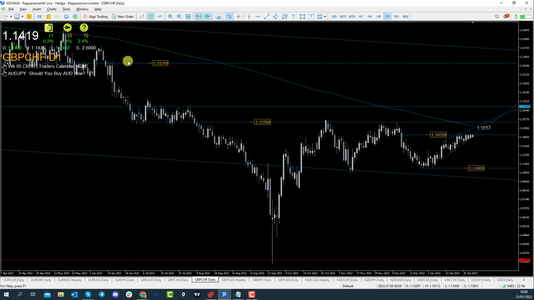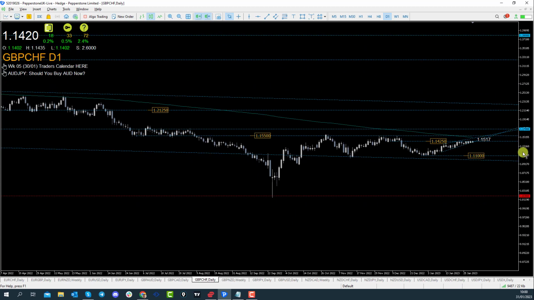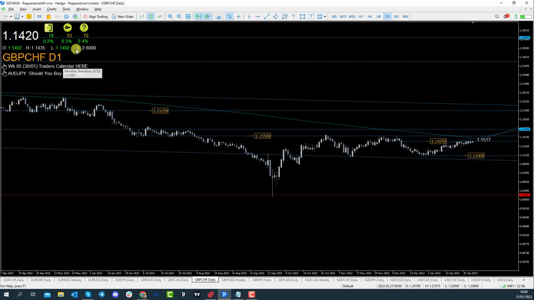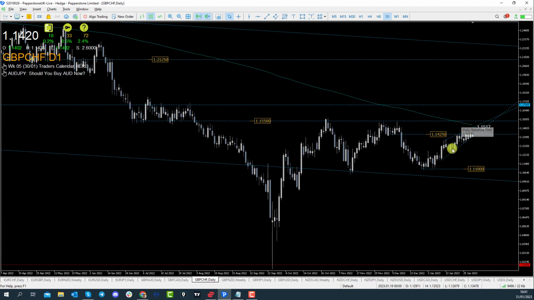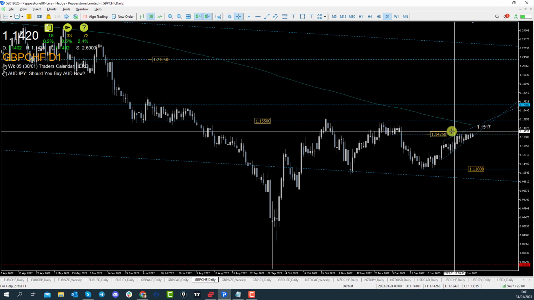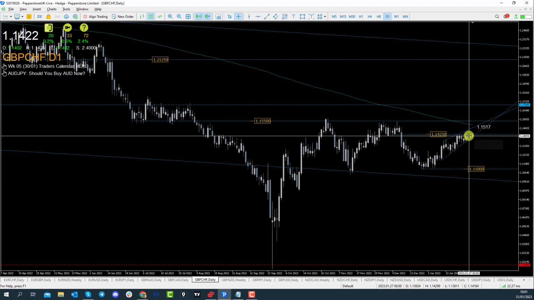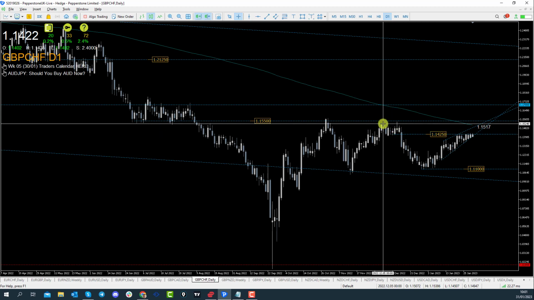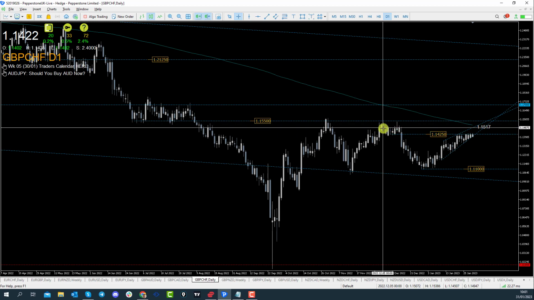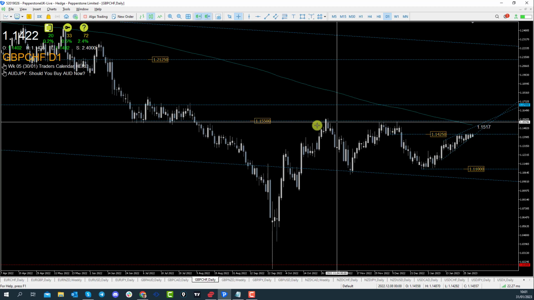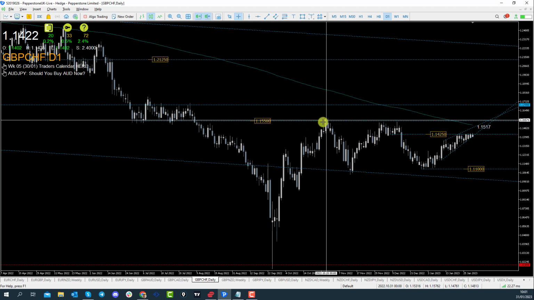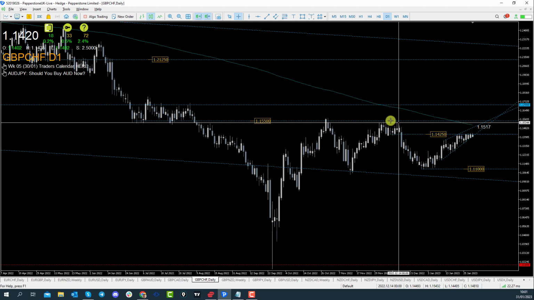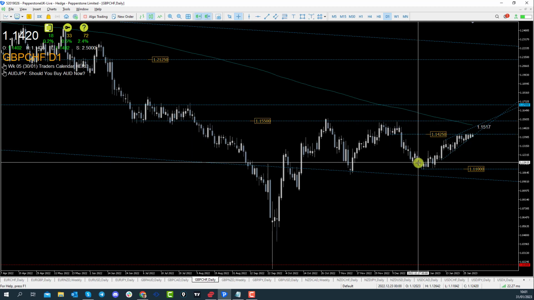You might not be able to see it in detail because of the chart partners in the corner, but I'll zoom down. There you go. You can see pound Swiss on the daily time frame, and you can see that price has come up into the 1.1425 handle, where it was the neckline of this double top that formed back here in December, where we came back up into the 1.1550 highs, and we've broken through to the downside.